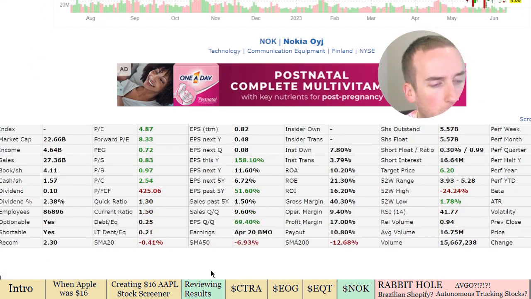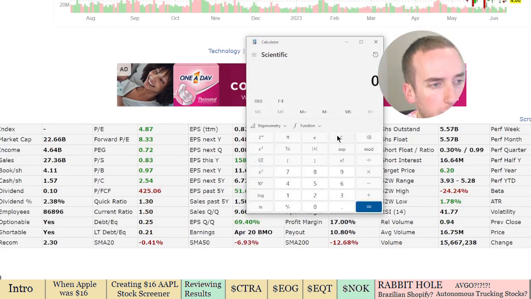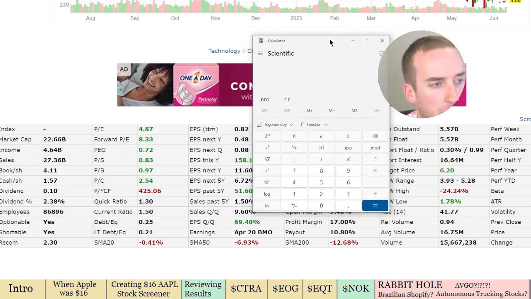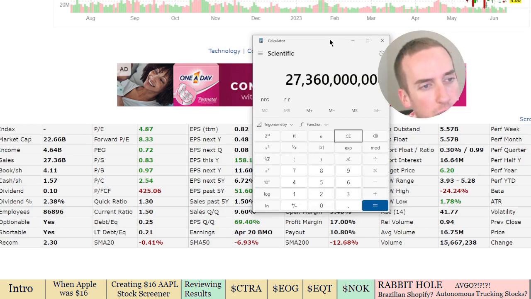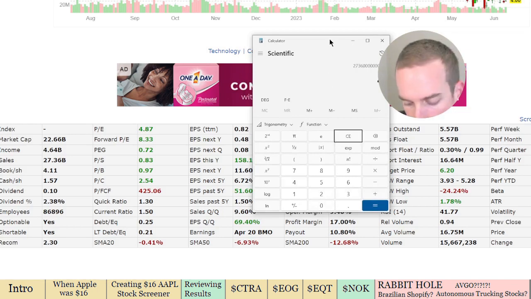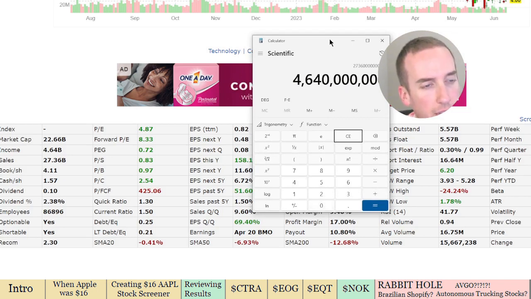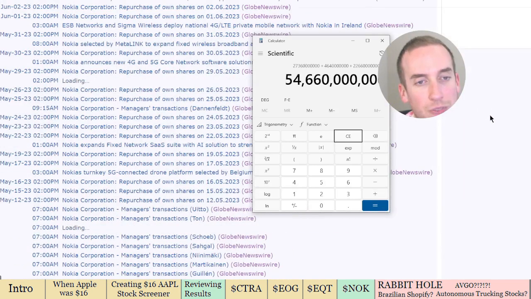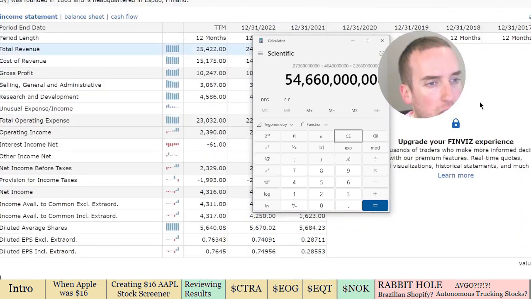Let's plug away at this data here. 27,360,000,000 in sales. Yep. And 4,640,000,000 in income. Yep. Market cap is 22,660,000,000. Yep. Let's remove debt and add cash.